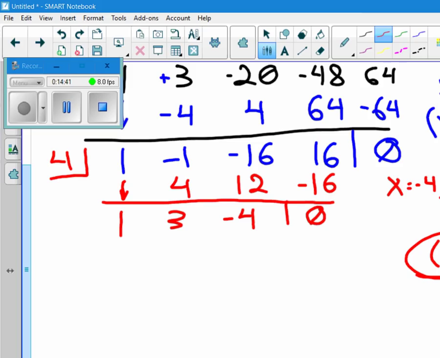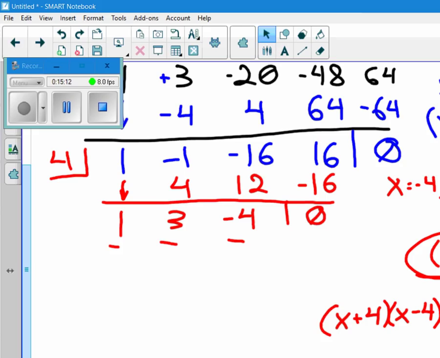And so with x squared plus 3x minus 4, that means x plus 4, x minus 4, and x squared plus 3x minus 4 is my next factor.